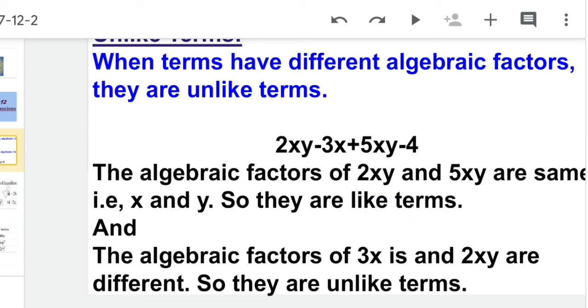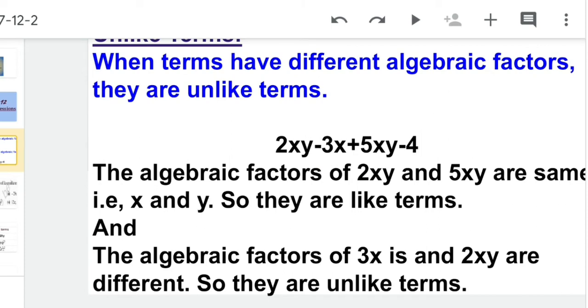Whereas 3x with 2xy, these two are unlike terms. Similarly 3x with 5xy, these two are unlike to each other, and 4 is also unlike for 2xy as well as for 3x and 5xy, because 4 is a constant.